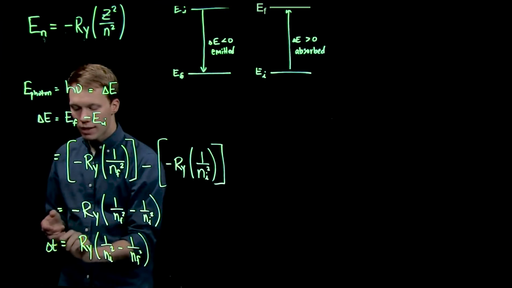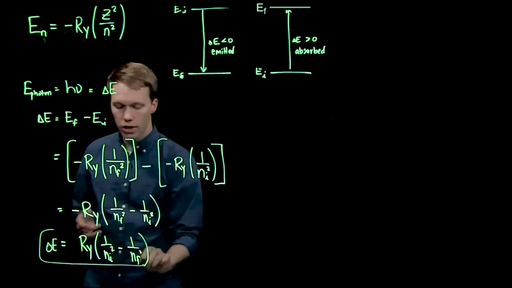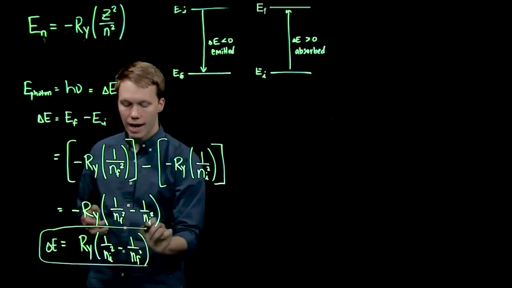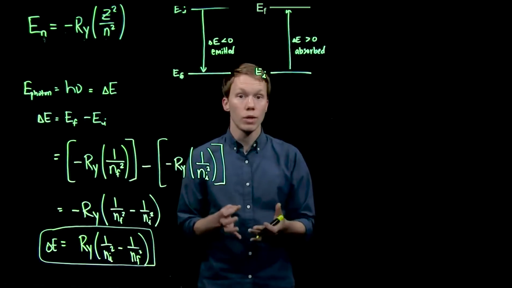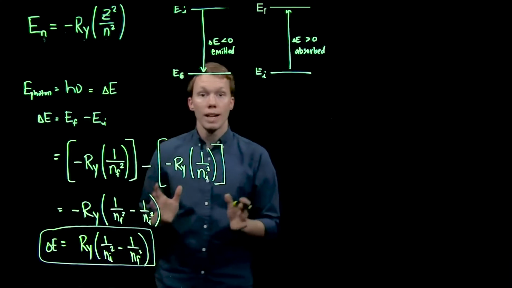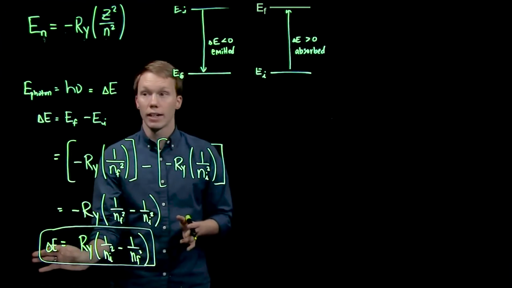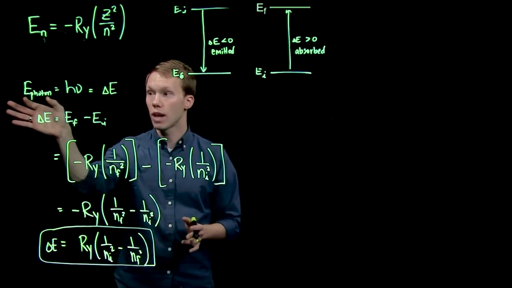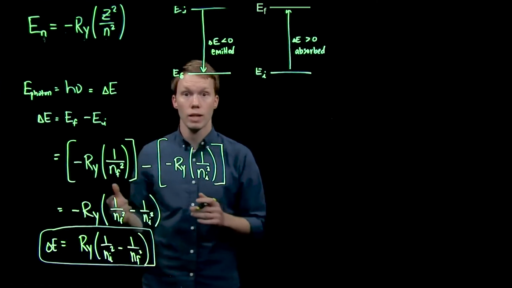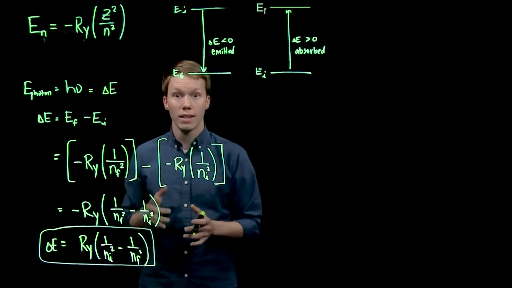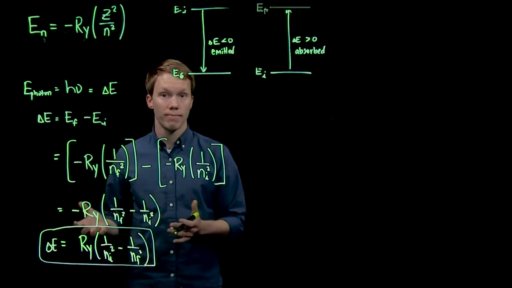And this equation, delta E equals the Rydberg unit times 1 over ni squared minus 1 over nf squared, is going to be something that we will use from time to time. We can calculate the delta E here, which is equal to the energy of the photon, which would then allow us to calculate wavelengths because we know that wavelength is inversely proportional to the energy.